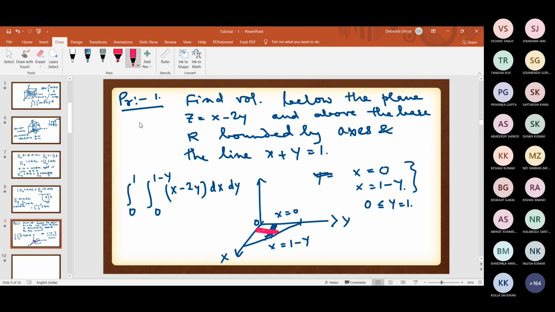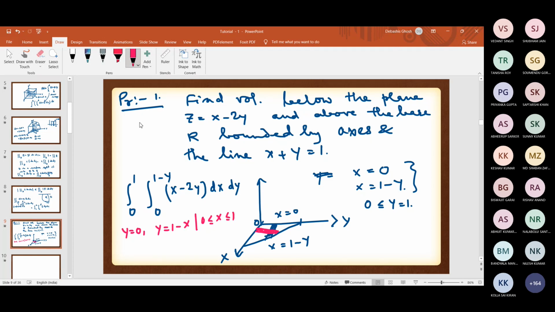For that the range of y changes from y equals 0 to y equals 1 minus x, and x moves from x equals 0 to x equals 1.